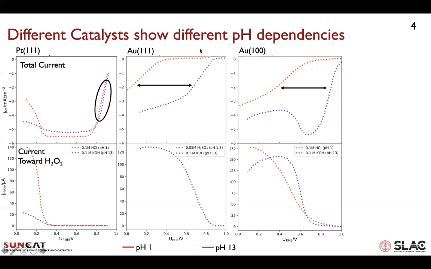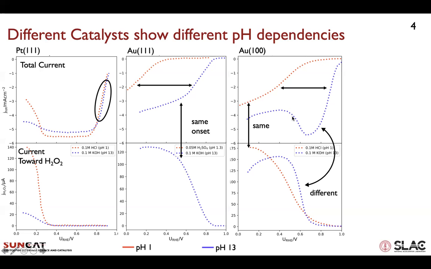Now we can look at those same electrodes, gold 111 and gold 100, and how their current toward hydrogen peroxide, as measured by a rotating ring disc electrode, changes. Interestingly, on gold 111, we have the same onset potential for the 2-electron and the 4-electron oxygen reduction reaction, and that happens in both acid and base.